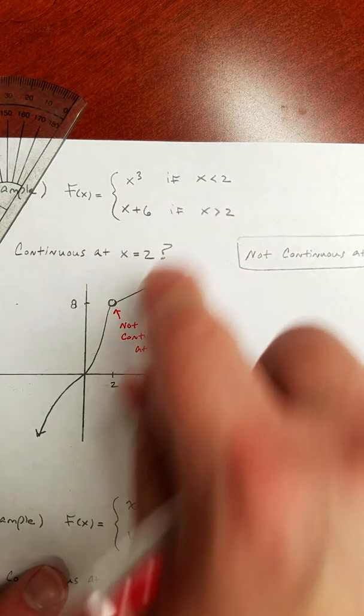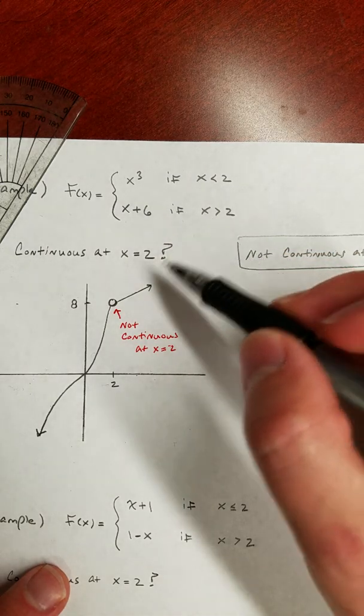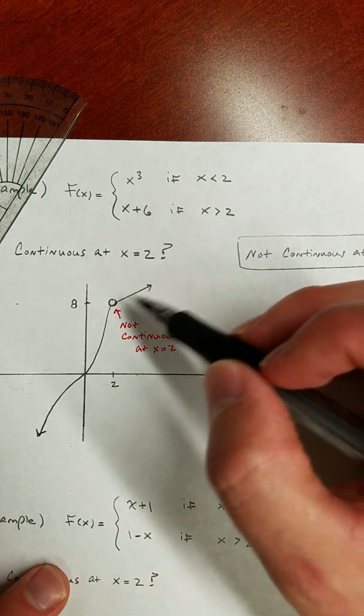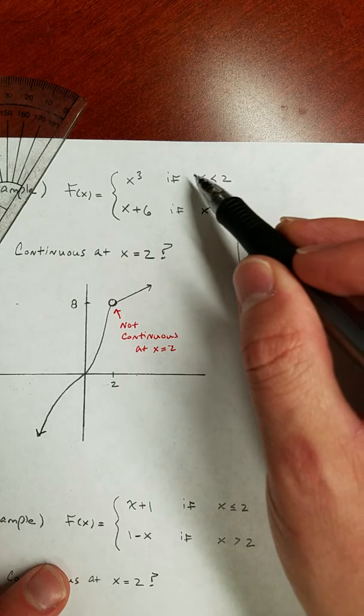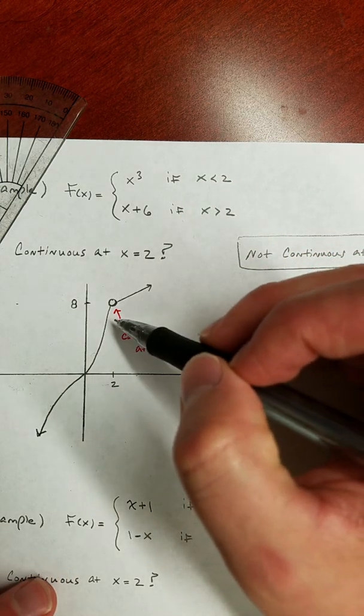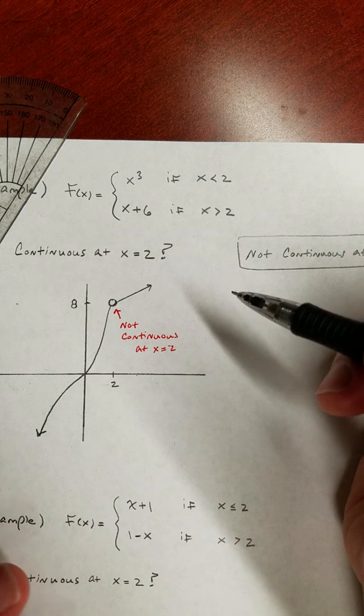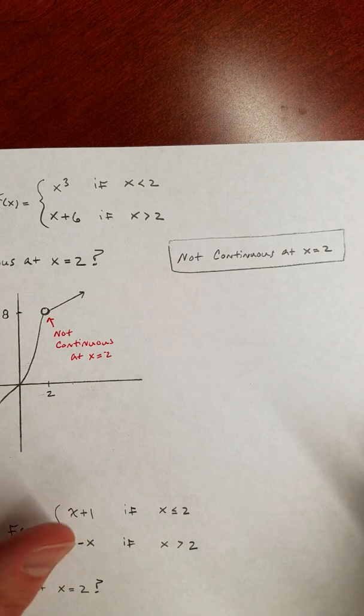I could tell that it wasn't going to be continuous at 2, because no matter how the rest of these points fell into place, there's just no answer there. There's no point at 2 on the x-axis. There just isn't, and for that reason, it's not continuous at 2.